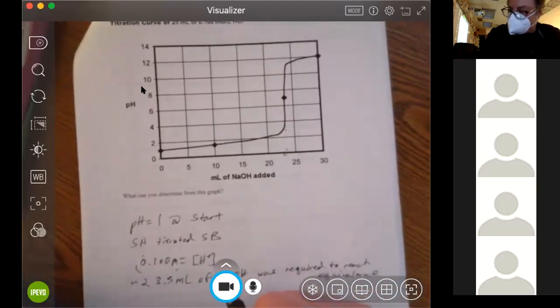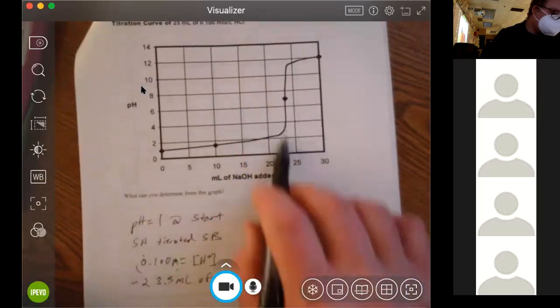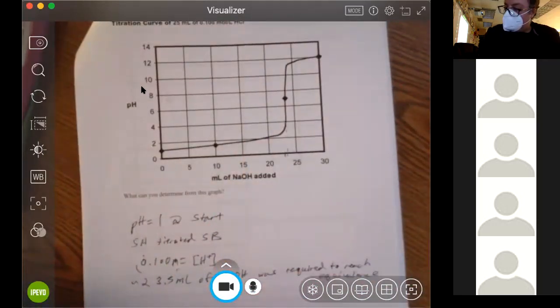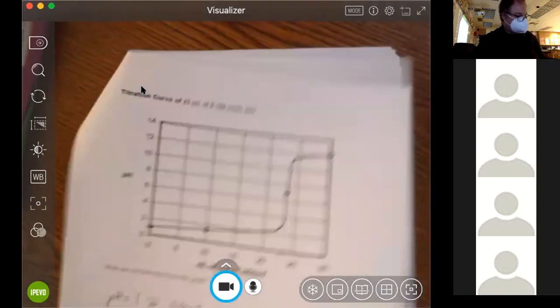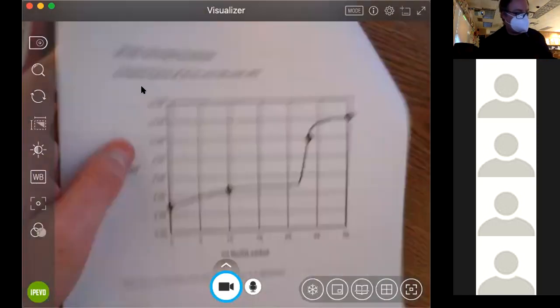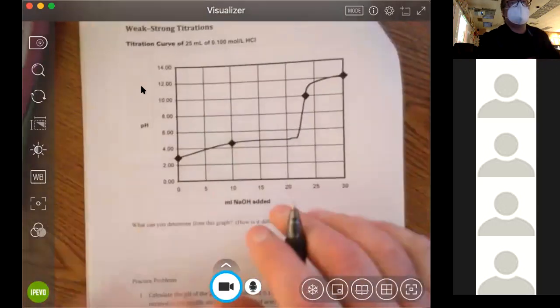What is the pH at the equivalence point? 7. Is the pH at the equivalence point always going to be 7? Strong acid, strong base, yes. And that's exactly what Hayden was talking about a few minutes ago, because our next one is going to be like the one that we did the laboratory of.